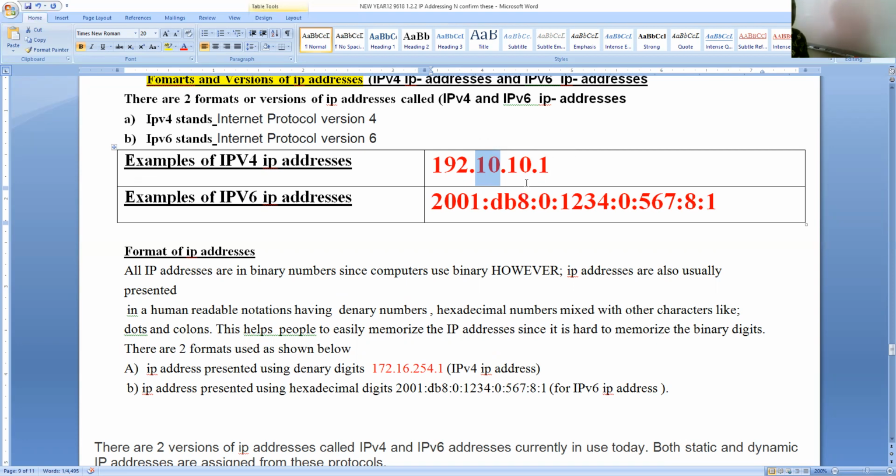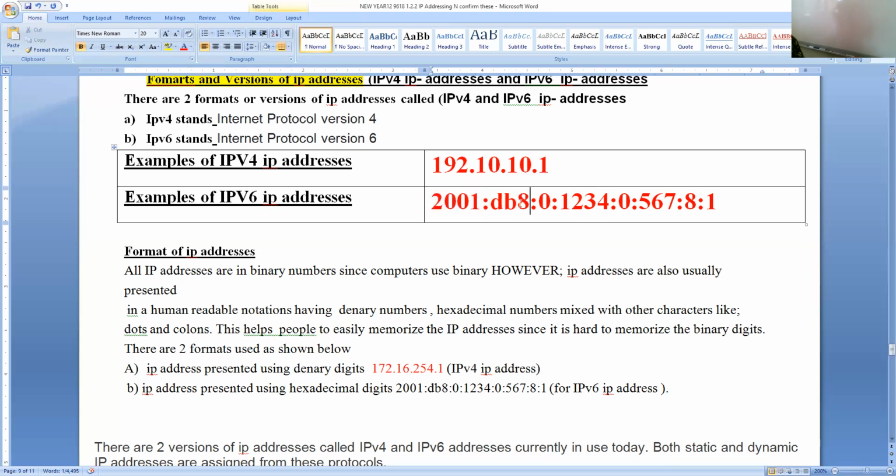Yeah. Now those numbers are referred to as denary numbers. Denary means base 10. So you can say I've got 4 denary numbers. Now, if you look at IPv6, it is mixed up. It can use numbers or a mixture of numbers and letters.